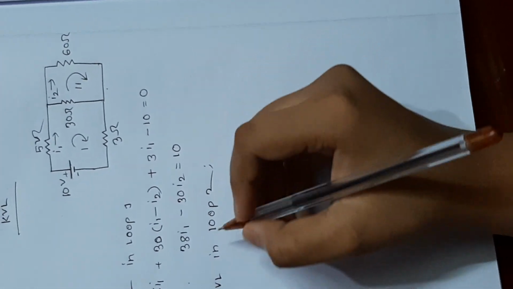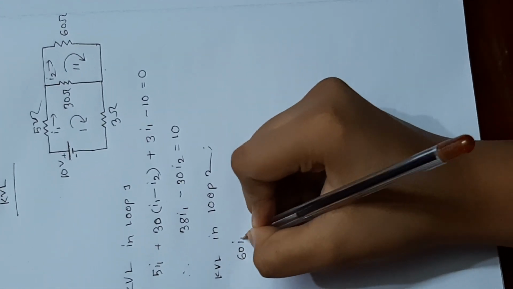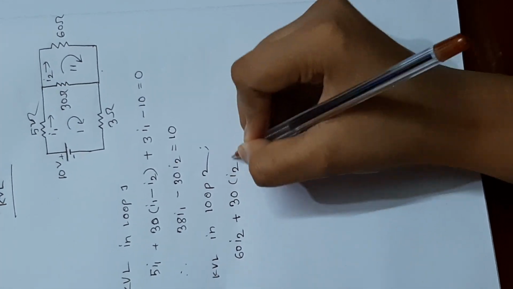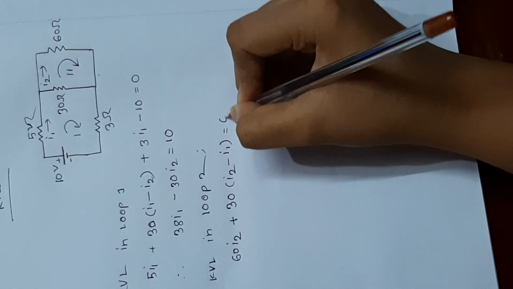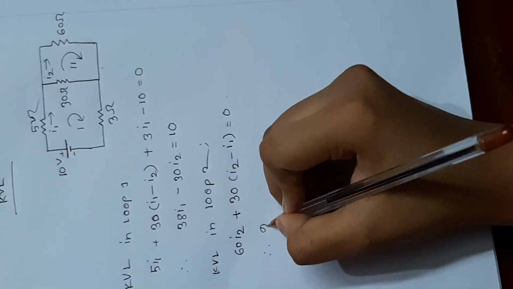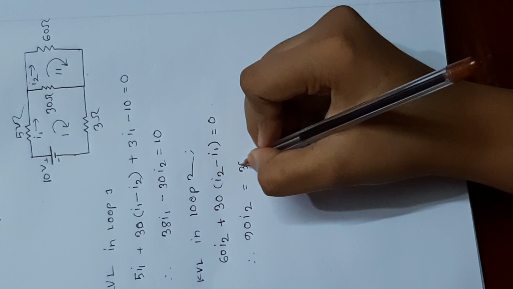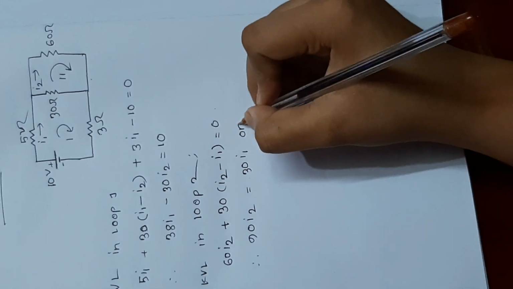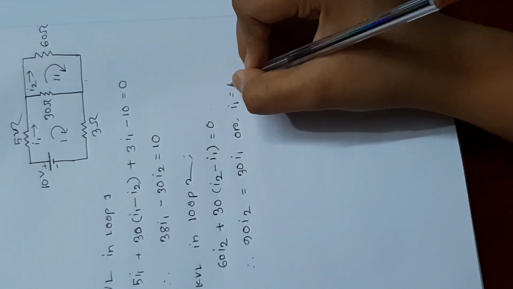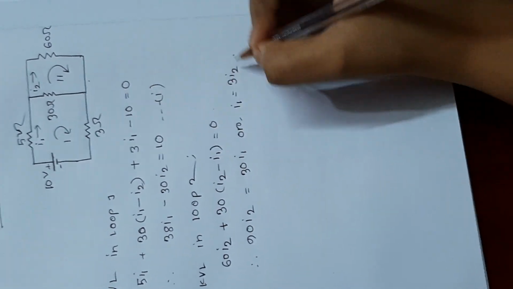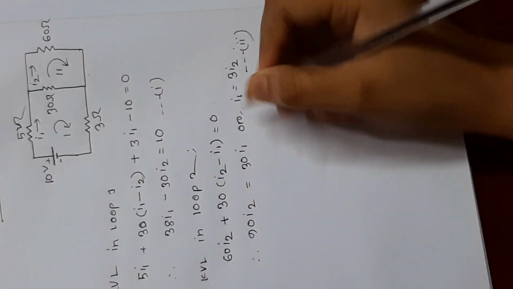So by applying KVL, 60 I2 plus 30 (I2 minus I1) is equal to 0. Then 90 I2 is equal to 30 I1, or I1 is equal to 3 I2. This is equation 1 and this is equation 2.